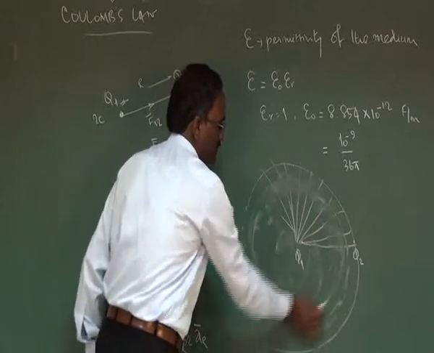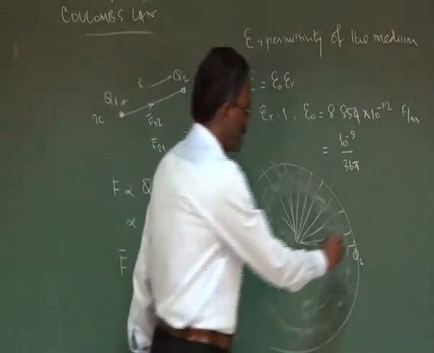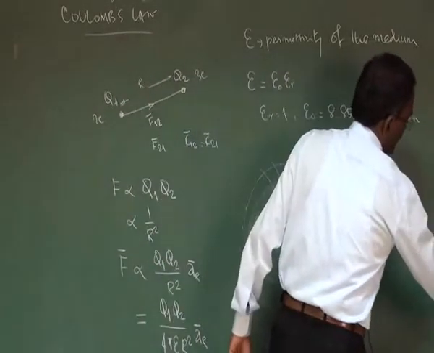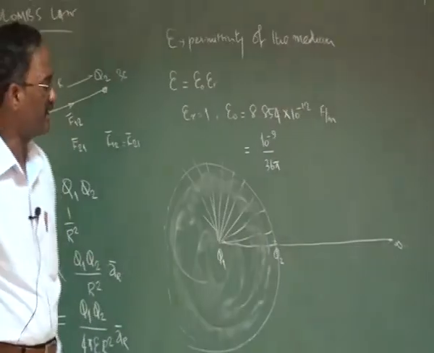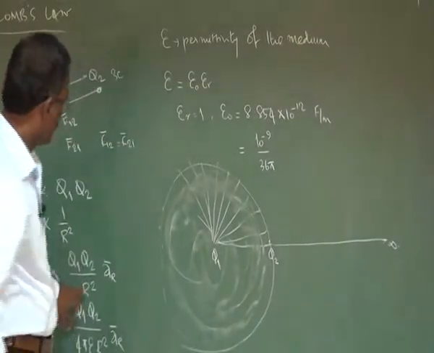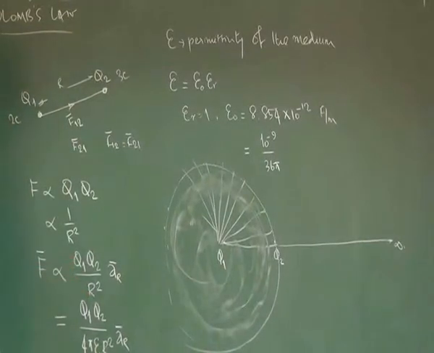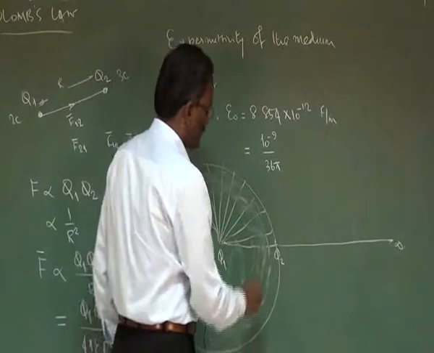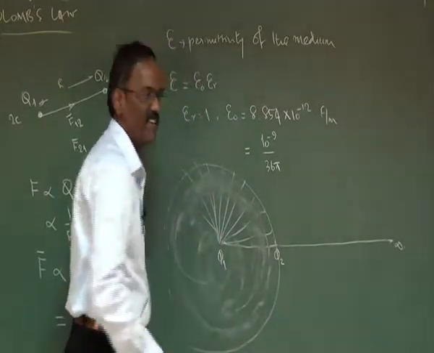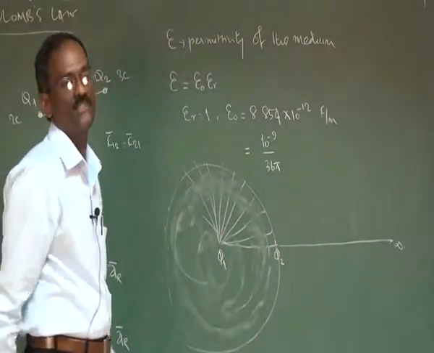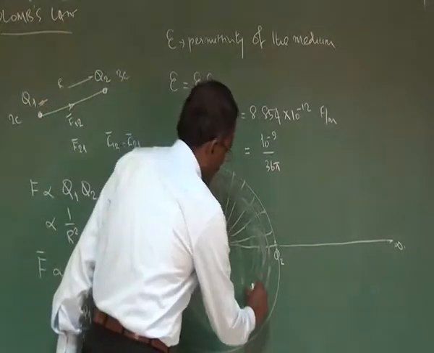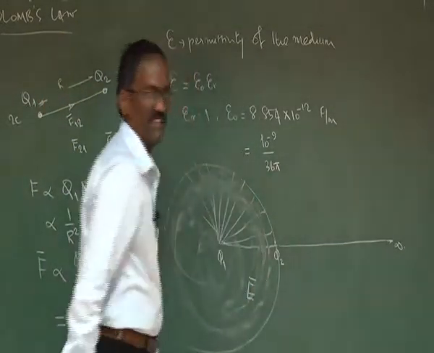If I move this Q2 infinitely far away, this R square will become infinity and force will become 0. It means that even if Q1 is present, there exists a region where electromagnetic field lines are present. It means electric field intensity is available here.